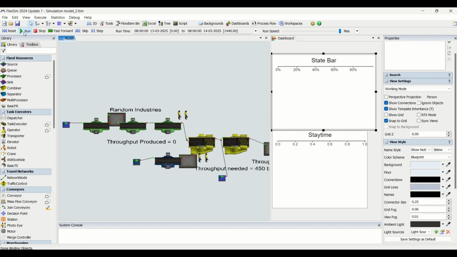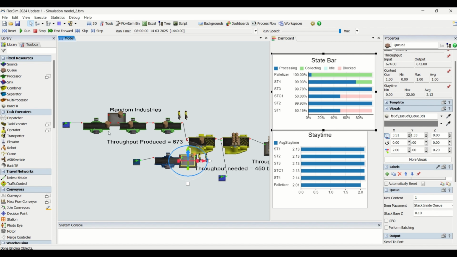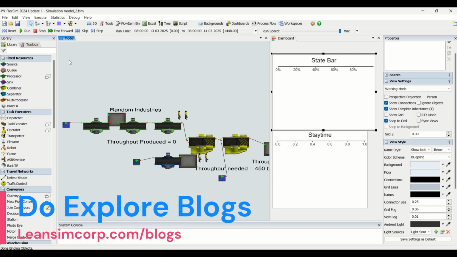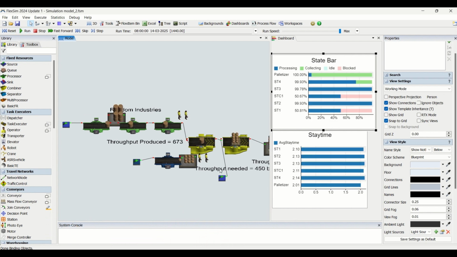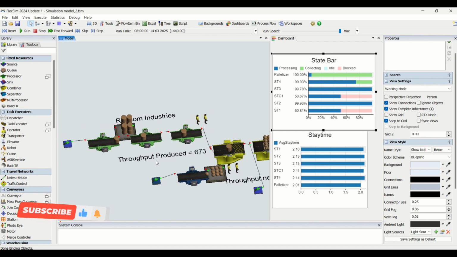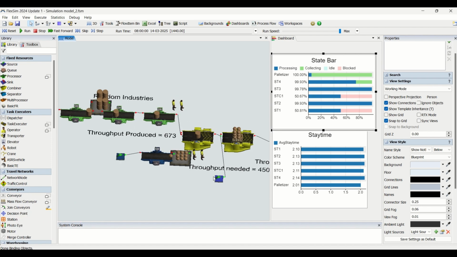Now when I reset and run, you can see that my system is still blocked to the 50%. Now what I can do is I can increase the buffer to say 10 parts. Okay, and here as well I'll make it 10 parts. And when I just reset and run this, what you're going to see? Okay, so this buffer is not much impacting our throughput because the bottleneck things are these two stations, and these two stations are then controlling our combinations as well.